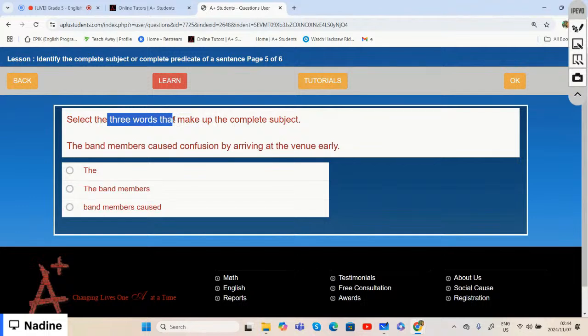Which one is correct? If we select our three words that make up the complete subject, we'll say the band members.